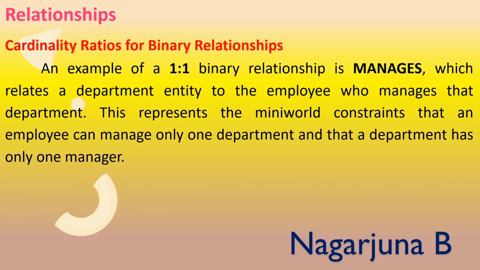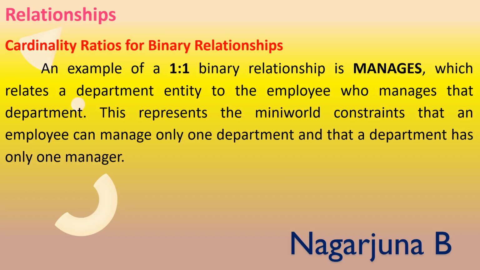An example for a 1:1 binary relationship is manages, which relates a department entity to the employee entity who manages the department. In the mini world, this constraint represents that an employee can manage only one department and the department has only one manager. So a department has one manager, that manager is an employee, and there can be only one employee who works as the manager.